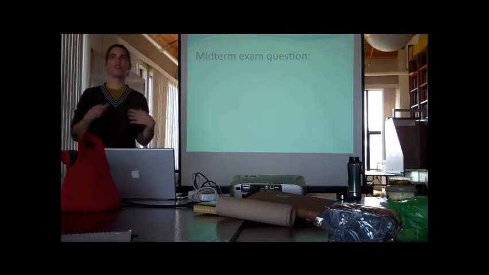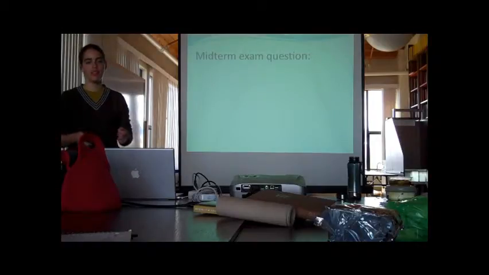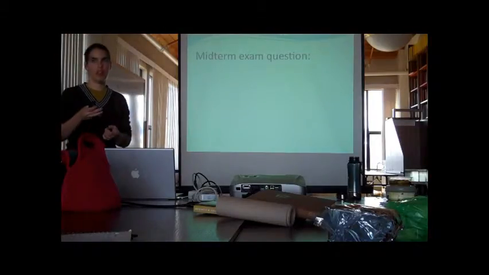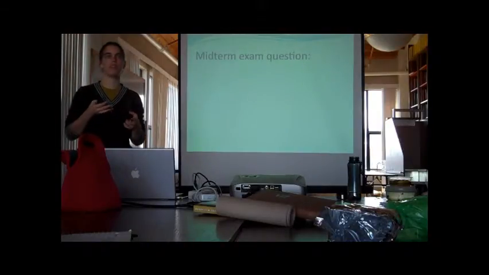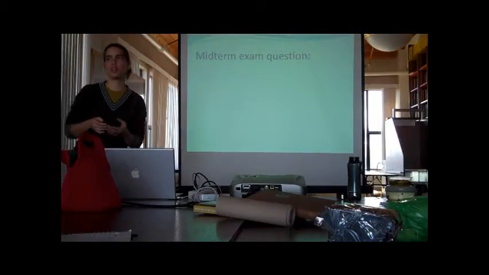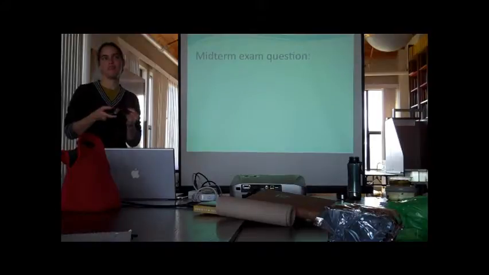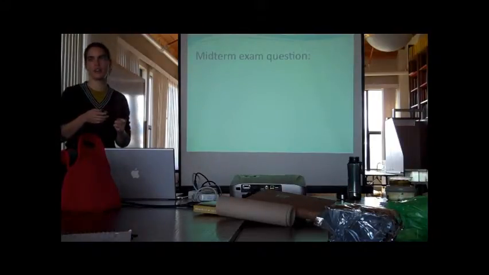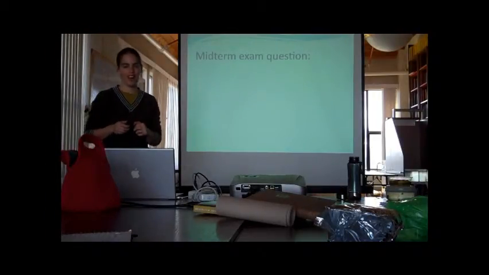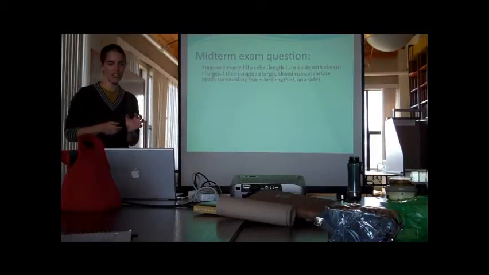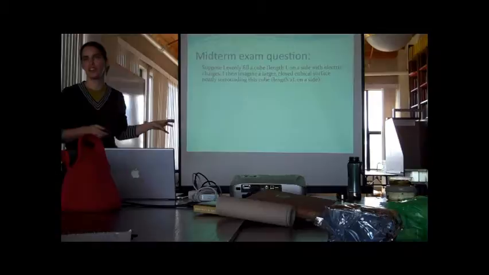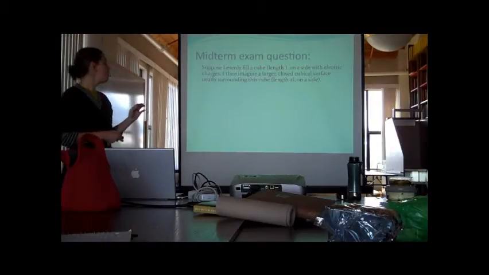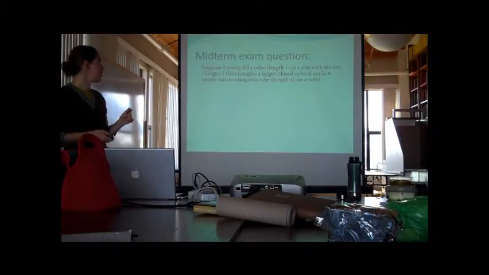I'm going to show you some results from a midterm exam question, asked in the traditional lecture right before the transformation started, in at least two transformed classes, and Steve used it in the paradigms course as a final exam question. Here is the exact wording: suppose I evenly fill a cube of length L on a side with electric charges.